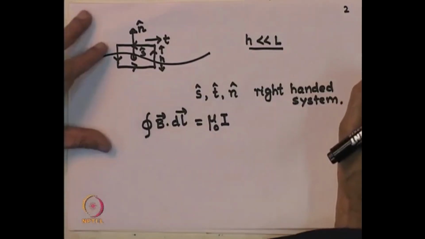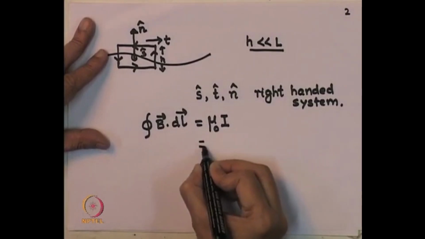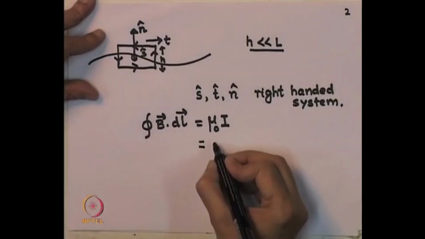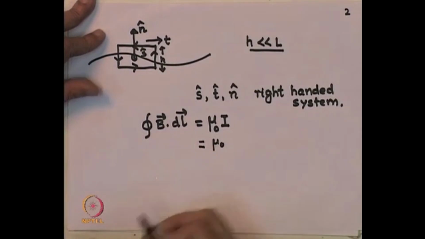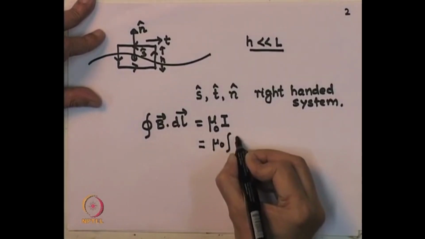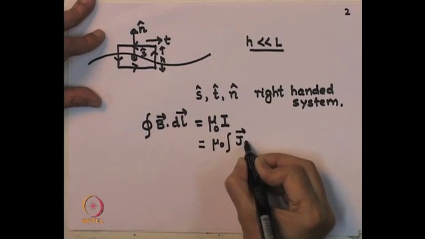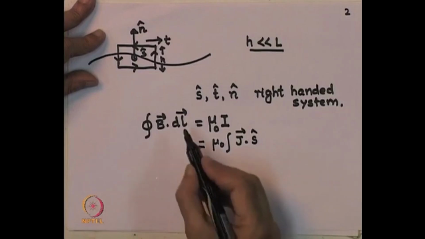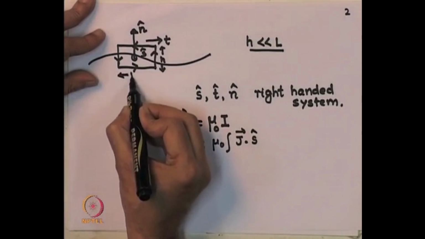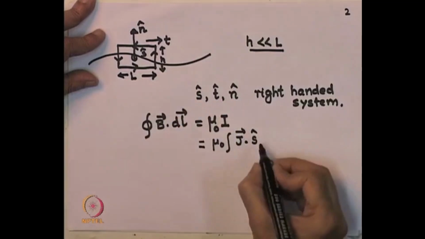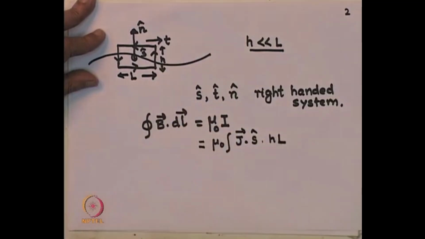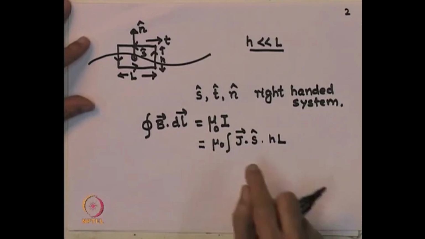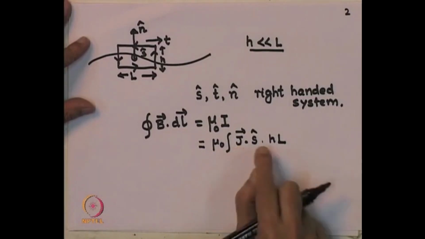So, let us look at how one does it. Mu 0 times I. Remember the current is flowing in the direction S. So, this will be mu 0, if current density is J, J dot S. I need to multiply an area, which, if this length is denoted by L, is nothing but h times L. Now, I define a linear current density. This will be simply J times h.